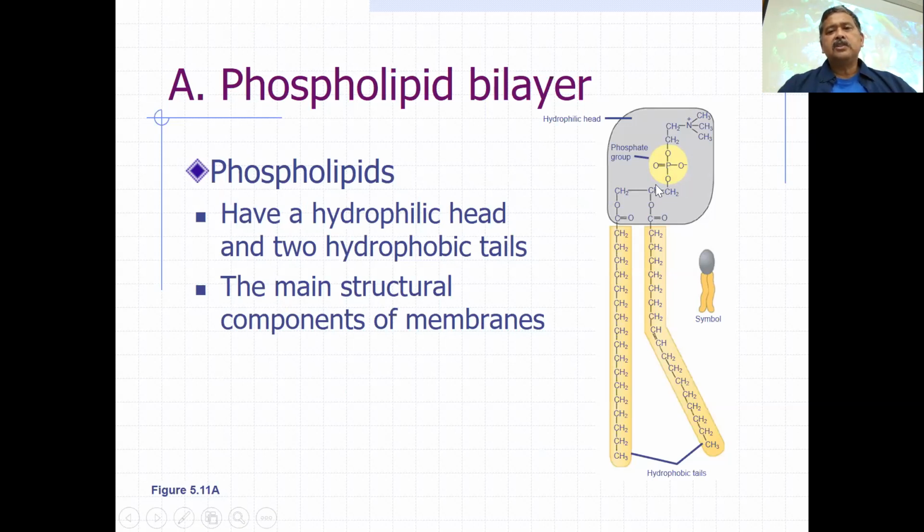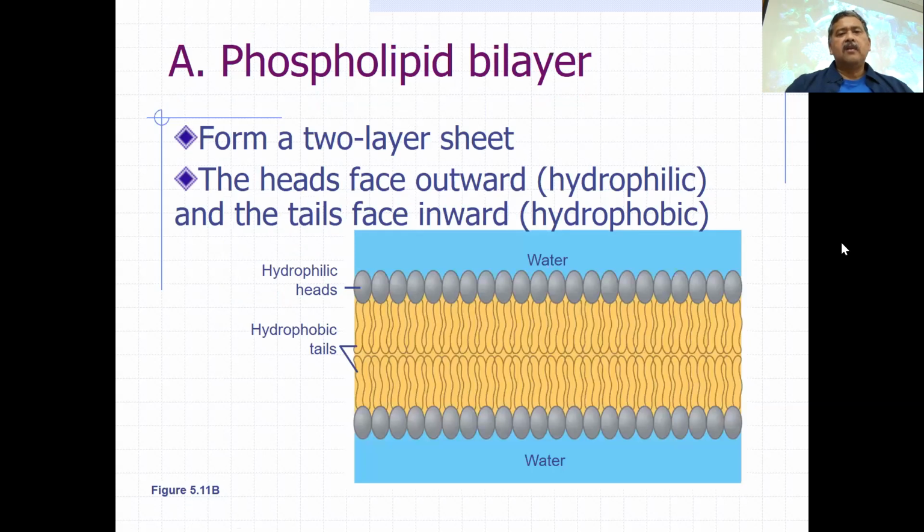But because it has a charged head, a hydrophilic head, and a tail that is nonpolar, what happens is the phospholipids arrange themselves in a bilayer or a 2-layer sheet with those hydrophilic heads outside.